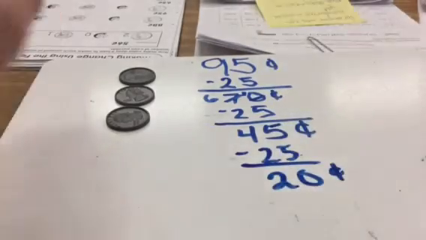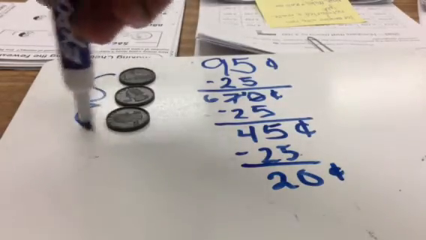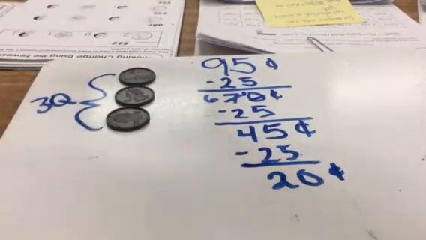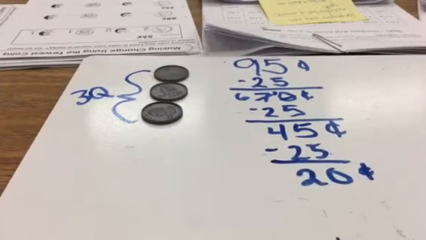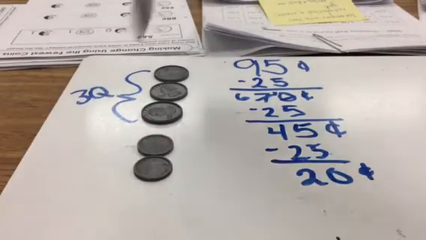Okay, so now I've used 3 quarters and I still have 20 cents that I need to figure out how to make. Well, I can't use any more quarters because a quarter is 25 cents. So I'm going to go to the next biggest value, which is my dime. Well, I know a dime is worth 10, so I know that 2 dimes must be worth 20.